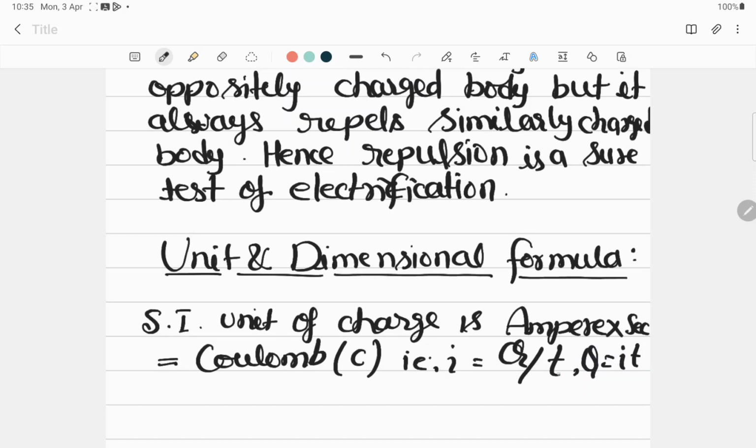So I is equal to Q by T, charge flowing per second, that is current. So Q equals IT, I measured in ampere, T measured in seconds, and Q in coulomb.